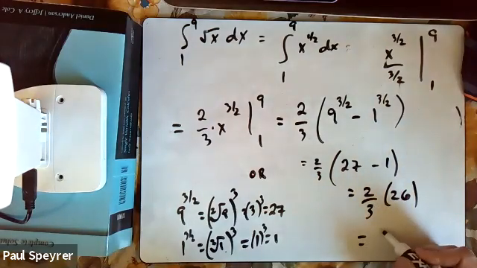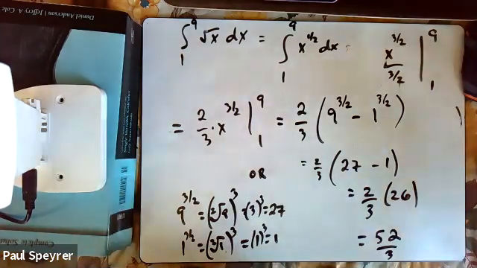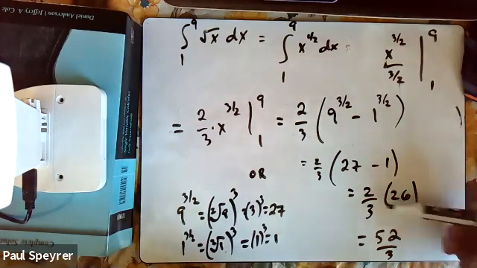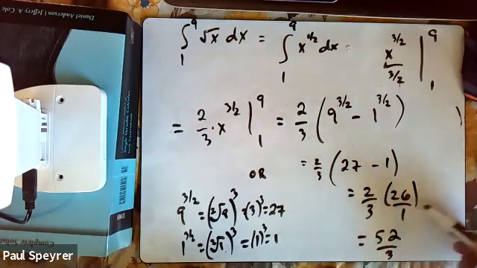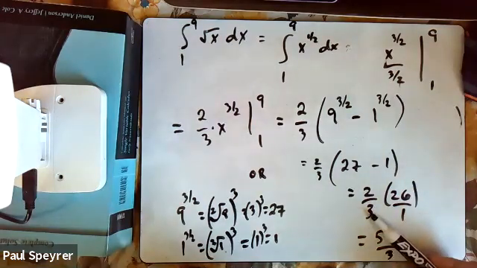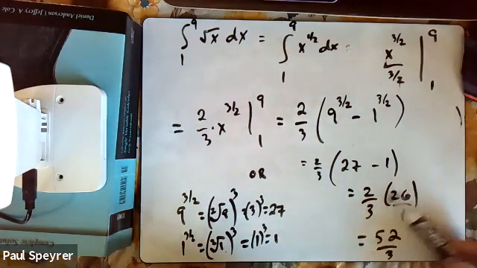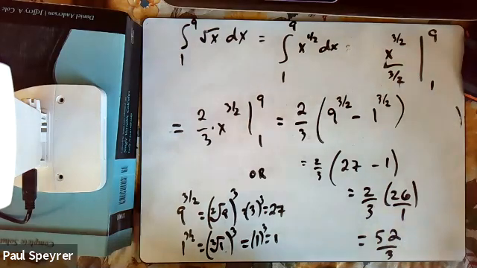And that just gives you 52/3. So no decimals, okay. Only reduce it if there's a common factor, right? Like if this was 52/2, or there was some common factor that we could reduce, then do so. But there is nothing that we can reduce, right? There's no common factor between 3 and 26 besides 1. So that doesn't help. So this is your final answer right here.